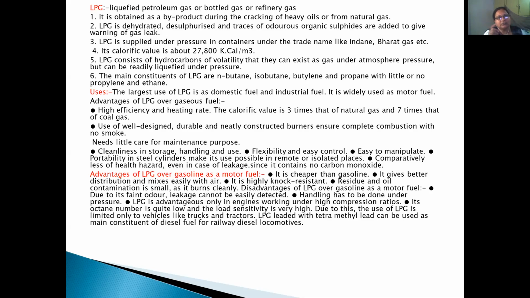Whenever gas is leaking from the cylinders, you can smell an obnoxious smell, and that is nothing but the sulfides. The calorific value is 27,800 kilocalories per meter cube. It is supplied under pressure in containers under trade names like Indane, Bharat Gas, etc. Its uses are domestic and industrial fuel, and it is also widely used as a motor fuel.